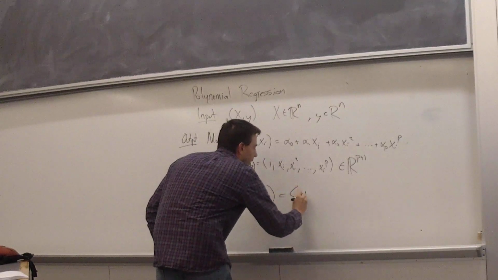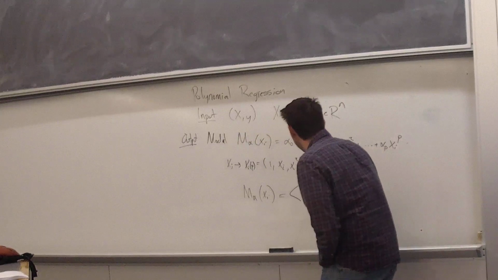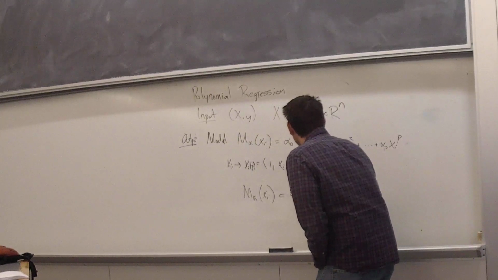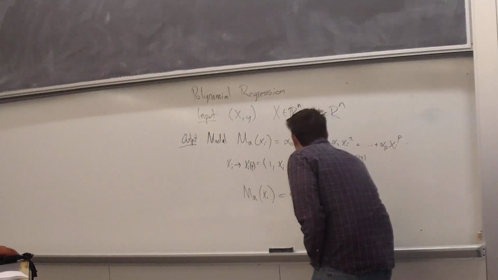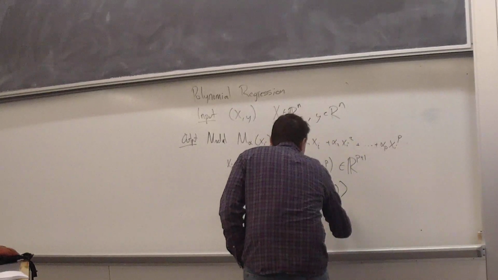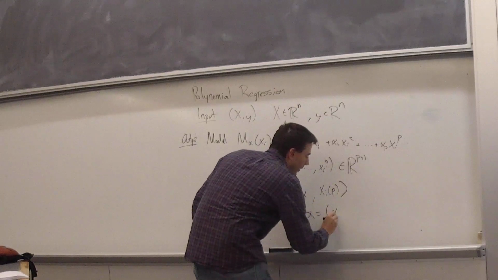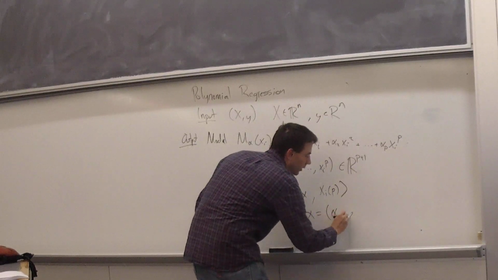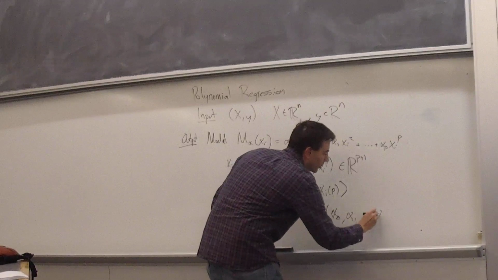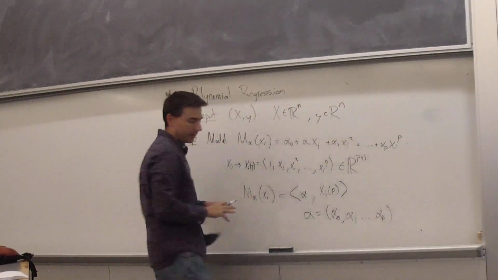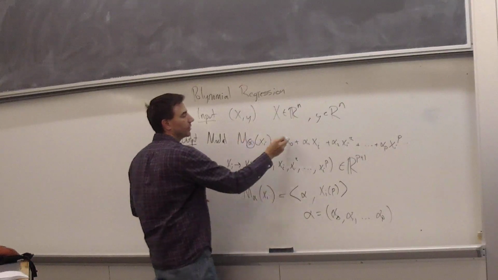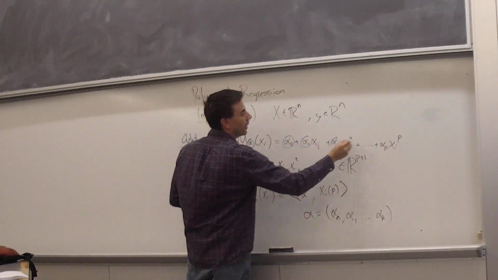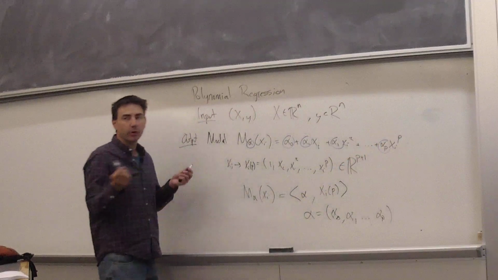just going to be a dot product between some alpha vector times this xi p vector, and this alpha vector equals alpha 0, alpha 1, up to alpha p, right? So this alpha here, which describes this model, is all of these coefficients.